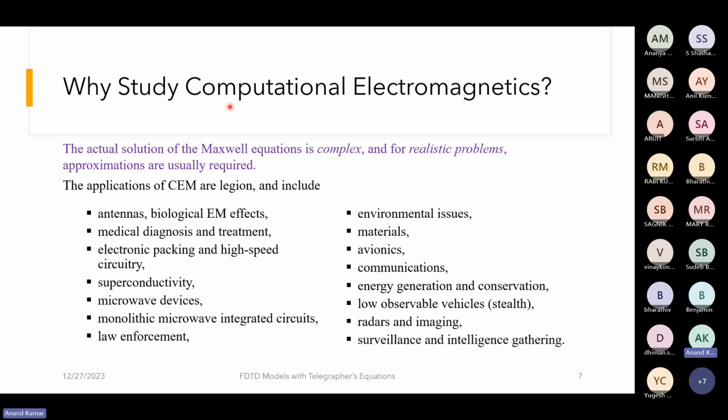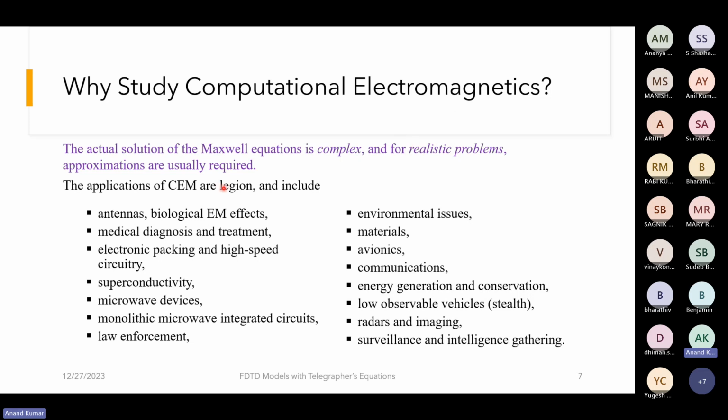Hence we develop solvers and simulators which are based on computational electromagnetics. We take the help of computers, which can solve bigger matrices and more complex equations in a shorter time. And hence computational electromagnetics comes in, and we use it to solve different problems.